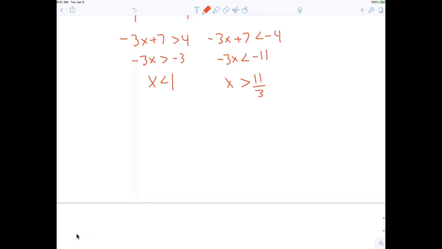More than 1, right? So they should be going in what? Opposite directions. Do you see that now? 11 thirds would be further to the right. It's greater than 1. So I think we want from negative infinity to 1 union 11 thirds to infinity.